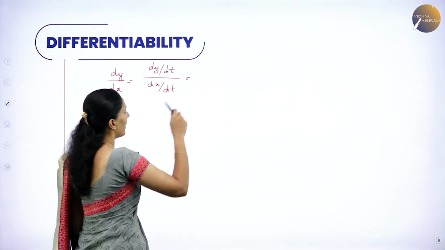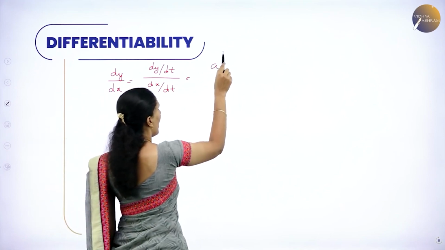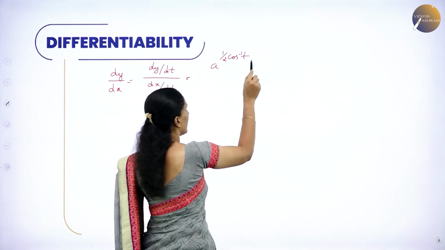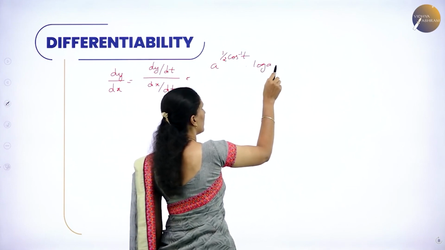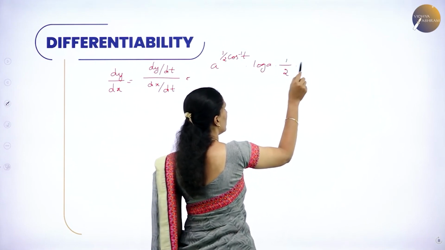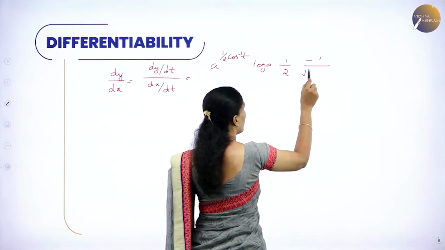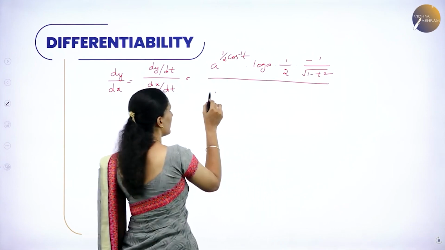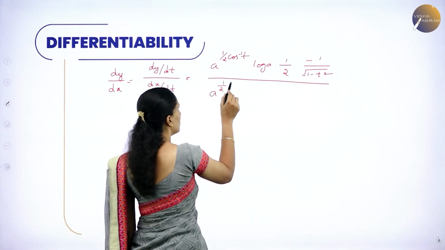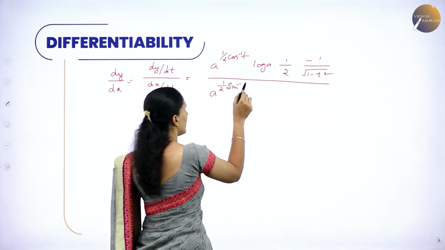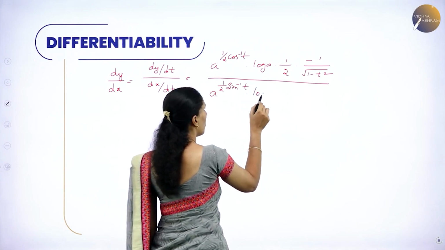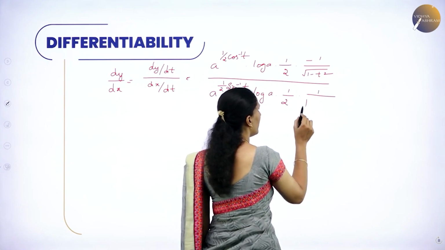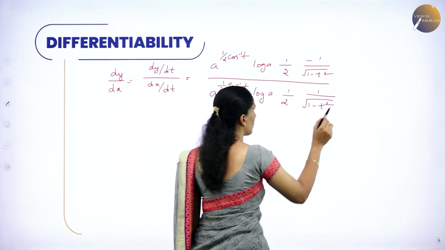So what is dy by dt here? A half cos inverse t into log a into 1 by 2 into minus 1 by root of 1 minus t square, whole divided by a 1 by 2 sine inverse t into log a into 1 by 2 into 1 by root of 1 minus t square.